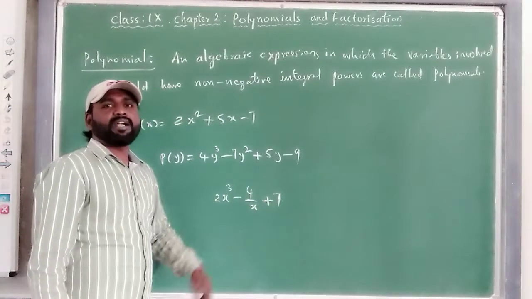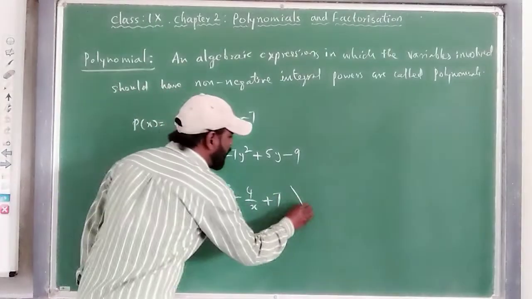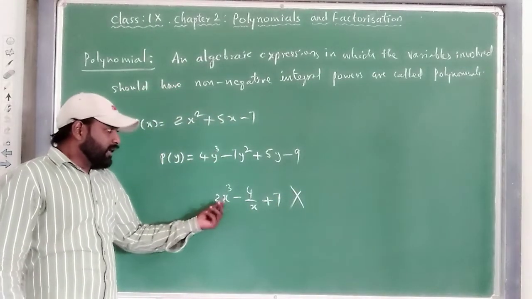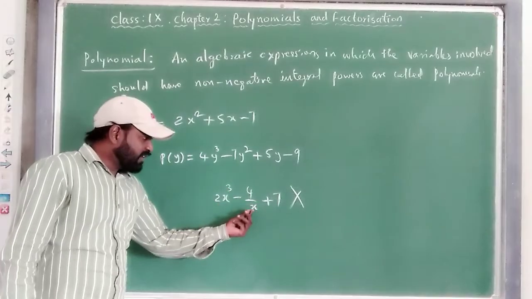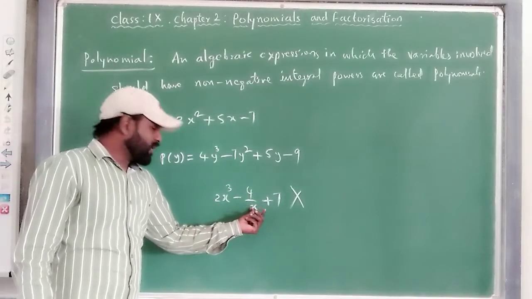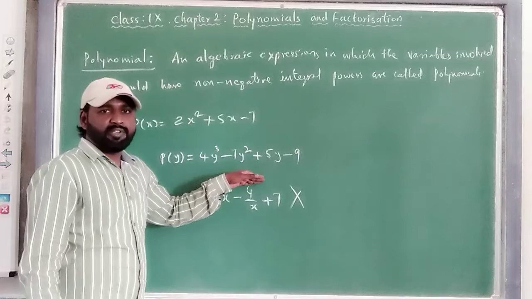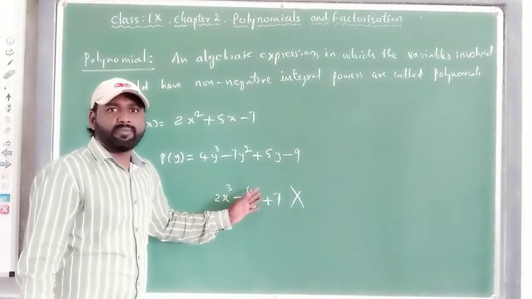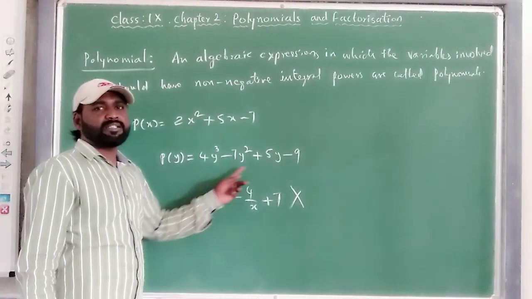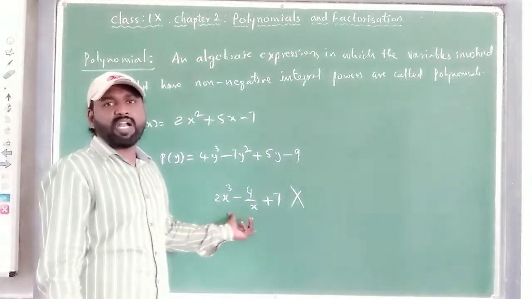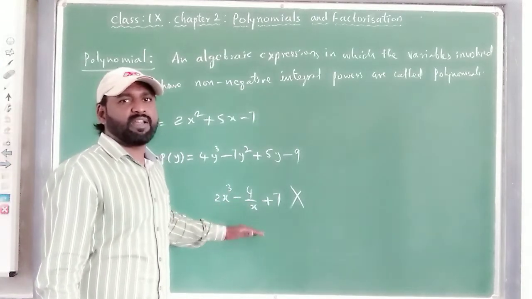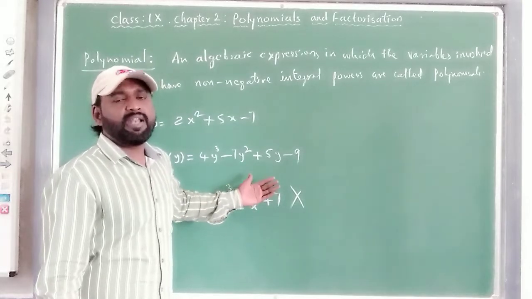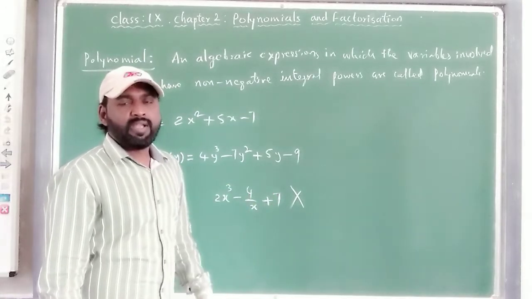That is why it is not a polynomial. Here the degree of the variable is plus 3, but the other becomes negative. Then you cannot call it a polynomial. That means the variable should not be in the denominator. If the variable is in the denominator, if you bring it up, the variable exponent will become negative.